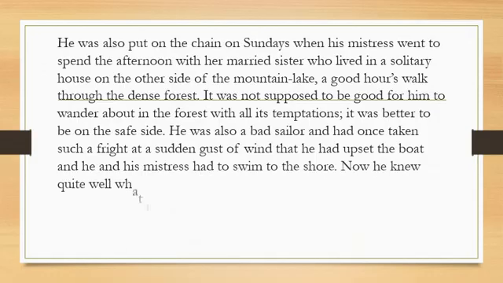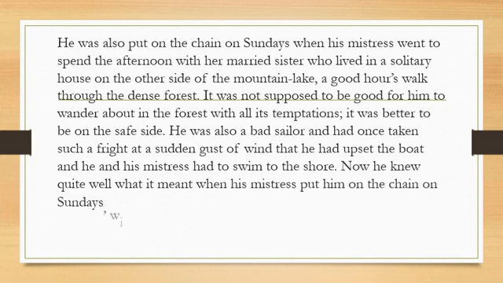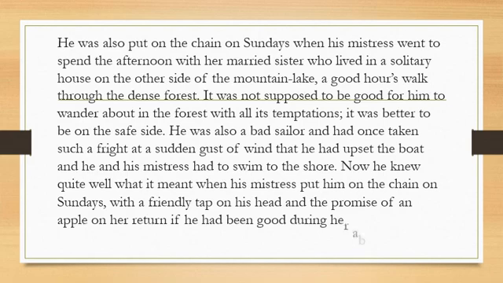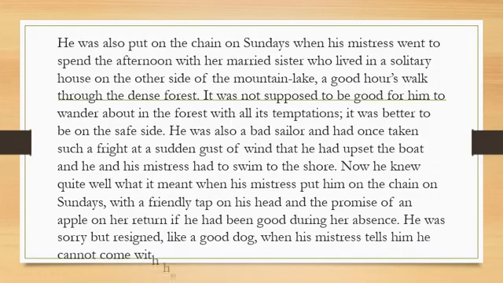Now he knew quite well what it meant when his mistress put him on the chain on Sundays, with a friendly tap on his head and the promise of an apple on her return. If he had been good during her absence, he was sorry but resigned, like a good dog when his mistress tells him he cannot come with her for a walk.